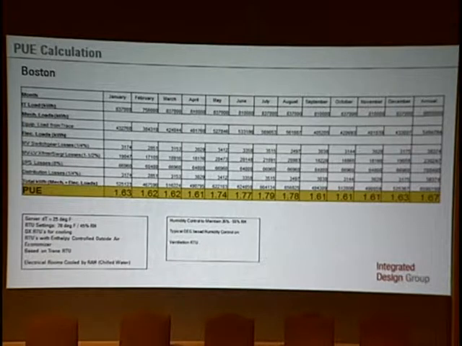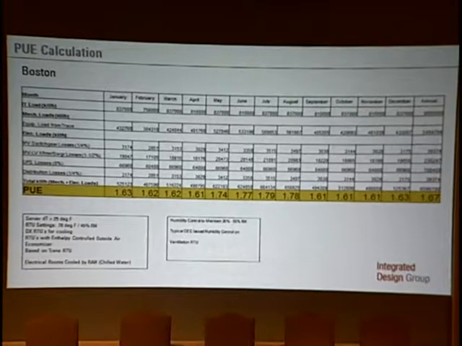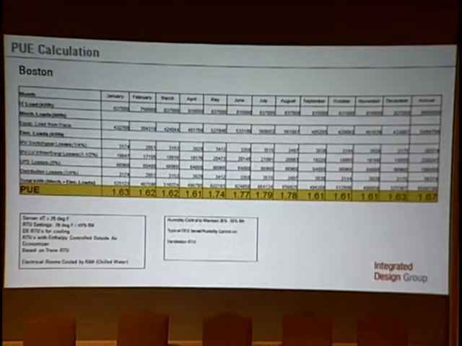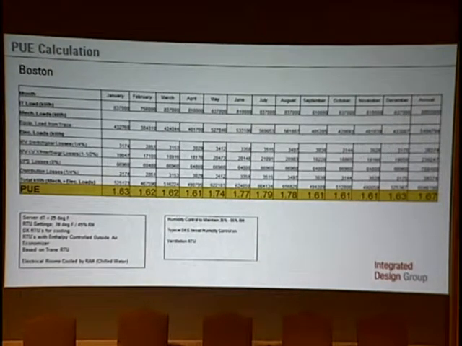We then add in electrical distribution system losses, UPS, switchgear, all that, and distribution losses, total it all together on a monthly basis and average it out for the year. This is one calculation for one set of combinations.